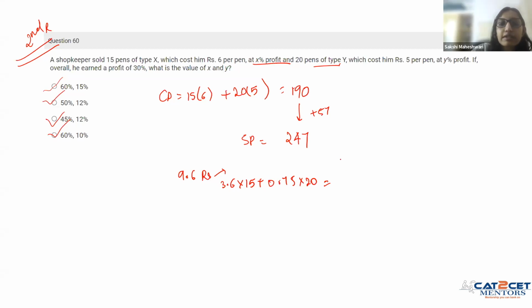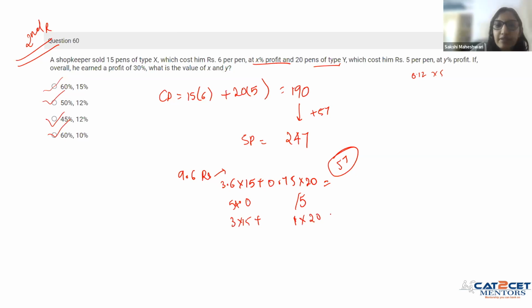Just check if your total is 57. I think this will be 15, this will be 54. So no, this won't be. If you do it 50%, this will be 3 into 15 plus 12% profit, which will be 1 rupee into 20.